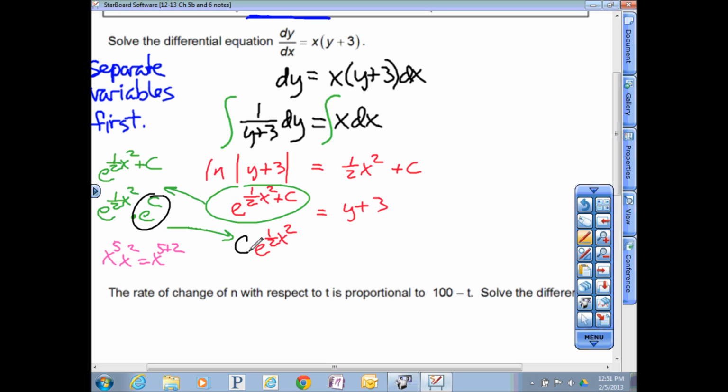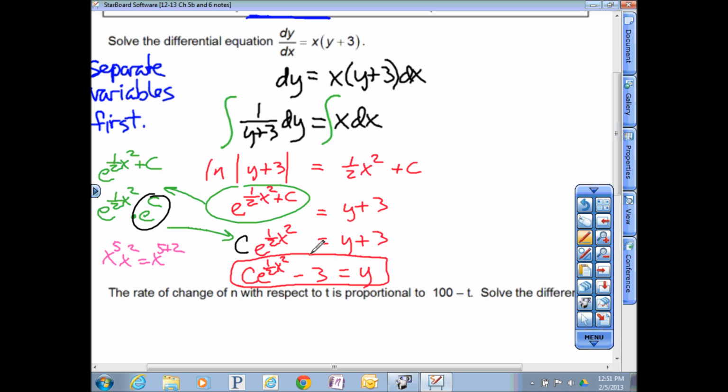So let's treat it that way. And this little trick is going to happen a lot when you have exponential equations like that. So c e to the 1/2 x squared is equal to y plus 3. So ultimately my y in this equation is equal to c e to the 1/2 x squared power, minus my 3.